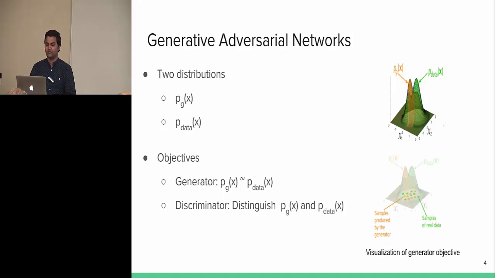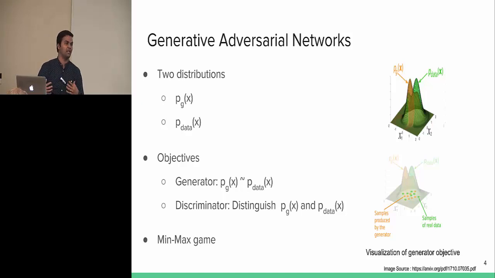If you look here, you can see on the 2D plane the samples from the distribution that is learned by the generator, and the green dots represent the samples that are from the real data. If you are learning to generate images, then these samples would be different images that we are trying to learn. And we make this generator and discriminator play what is called a min-max game, where both of them are competing with each other.